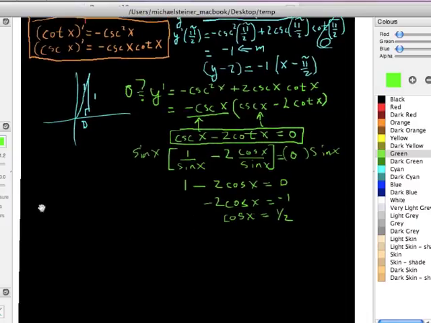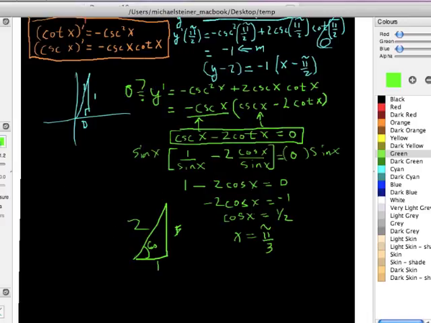And that is, I always have to draw my angles. So when its cosine is adjacent 1 over 2, this angle is 60, so x is equal to pi over 3. So we have our x value from this.